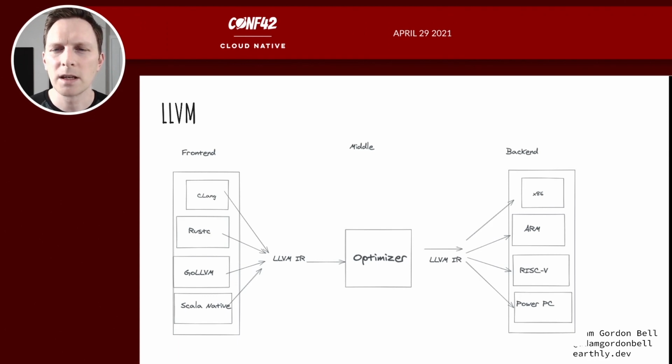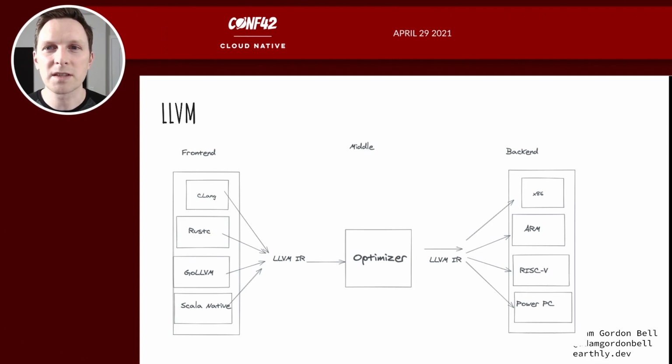On the back end, we have not just x86 and ARM and RISC and PowerPC, but we also have a WebAssembly backend, which means you could take your Julia or your Rust and I guess compile it to run in your web browser. There's even GPU backends where you could compile your code to run on pixel shaders. You can build a front end as well, right? So if you can create a front end that translates to this LLVM-IR, you have a new programming language. Everything else, all the support for all these various backends, is taken care of. So this is super cool.